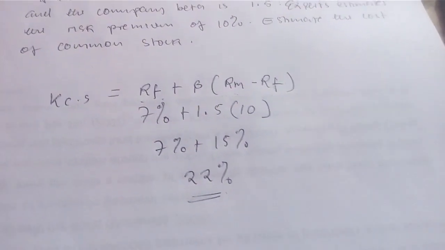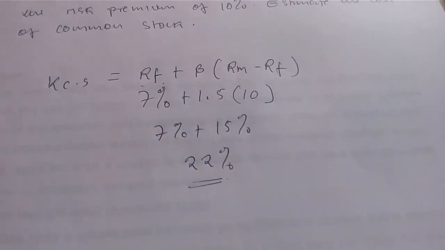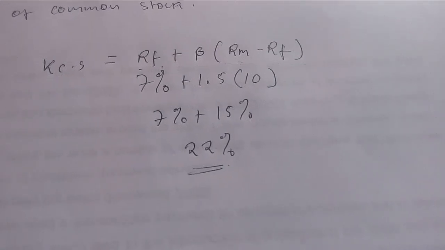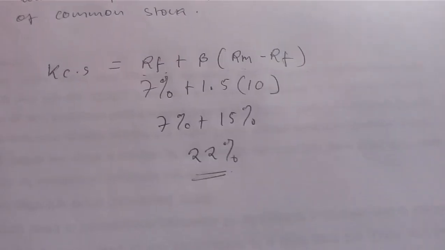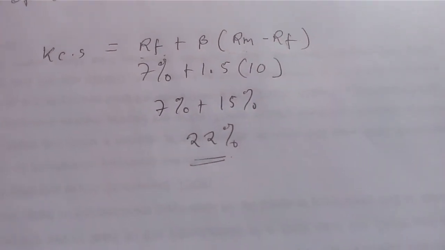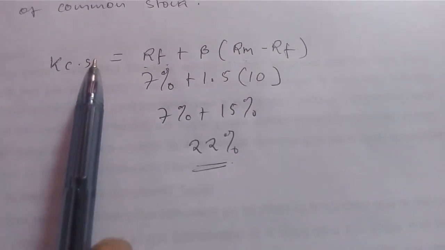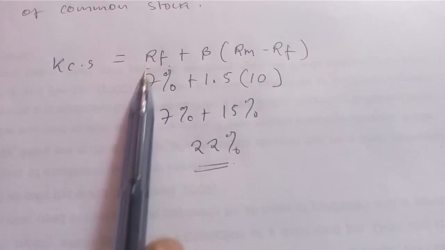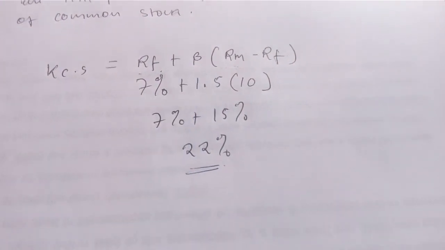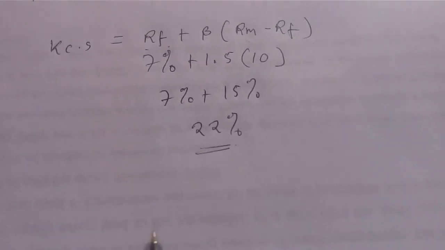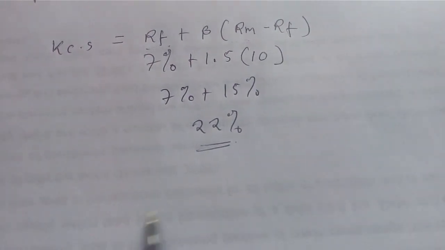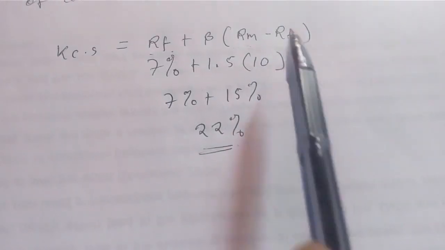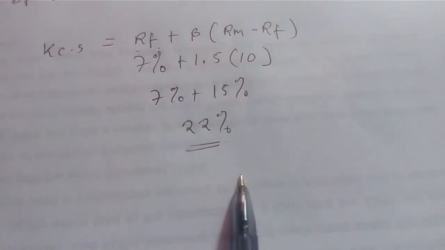However, there are some other methods that you come across, such as the shortcut, which we won't cover here, where they say the cost of common stock is simply the sum of the before tax cost of debt plus the risk premium. But here we won't cover that.